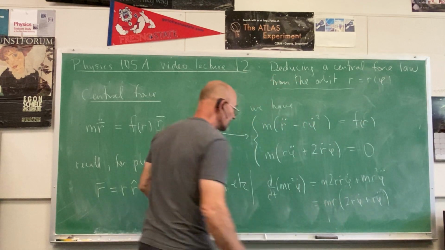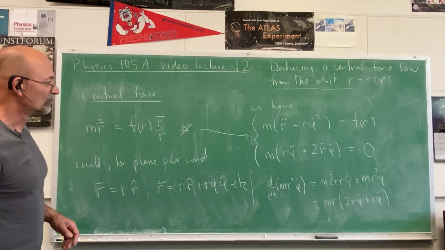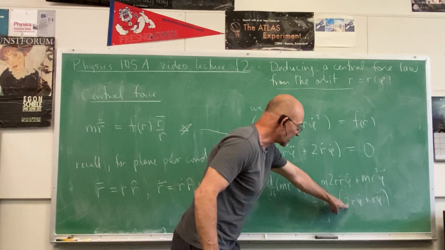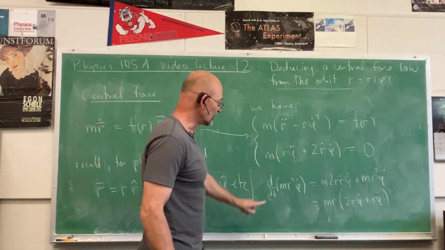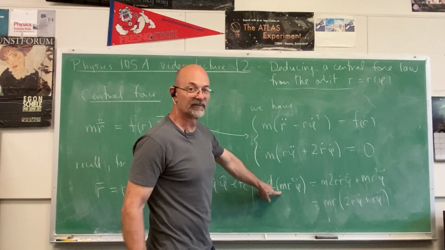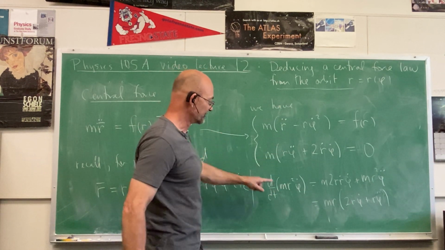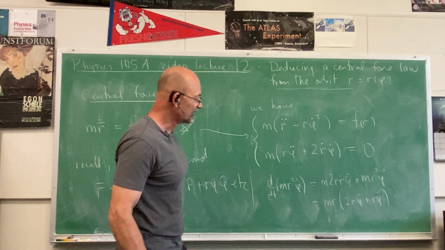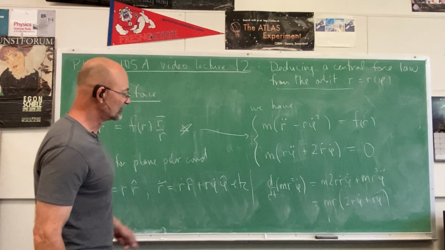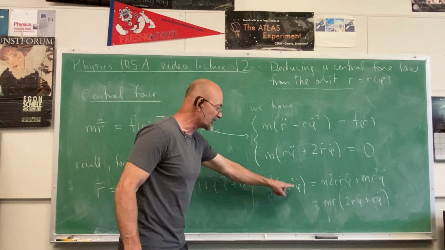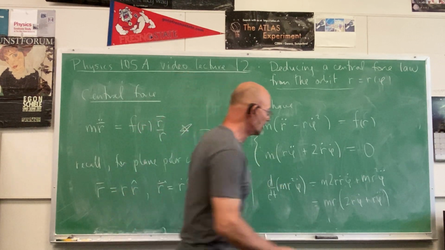And, okay, step back. What is that? That is that thing there, which is equal to 0. So this is where this angular momentum comes from, if you're approaching it from here. Okay. So the derivative of m r squared phi dot, which is L, is equal to 0.